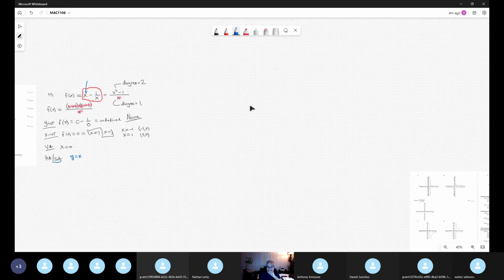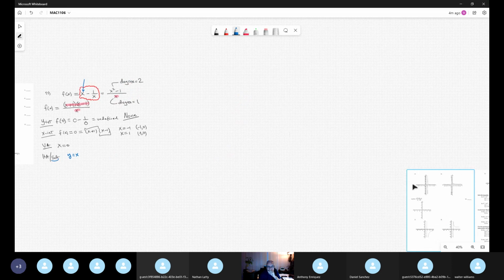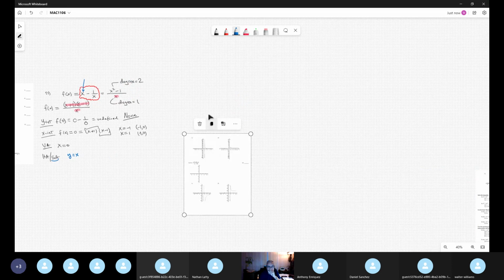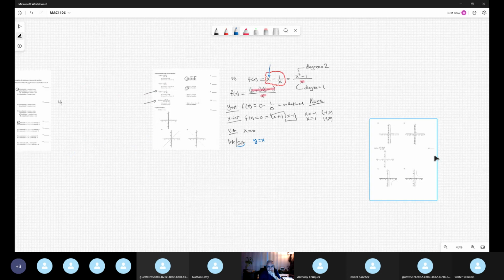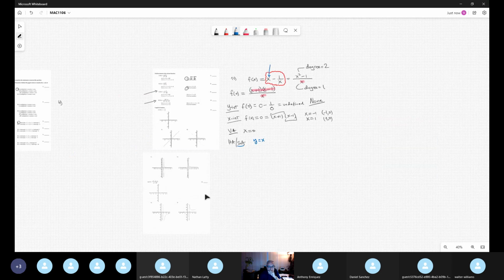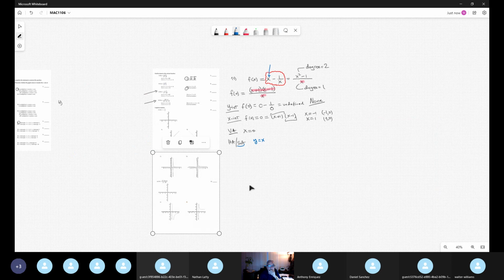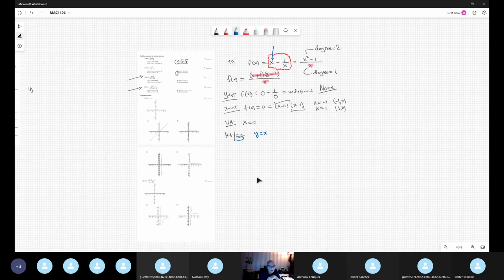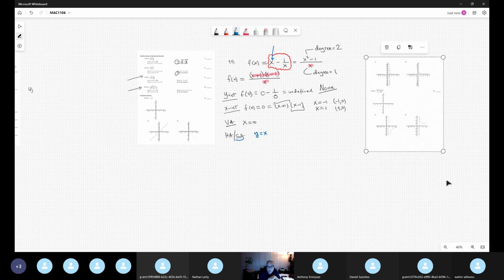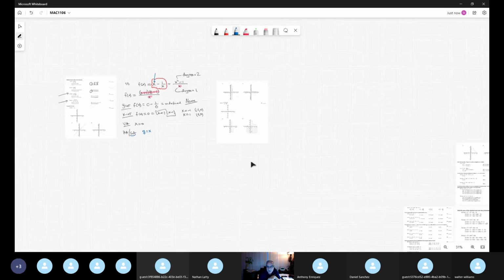Of course, the test is not multiple choice. This is the paper, I suppose. No, this is not the corresponding page. The corresponding page is that one.